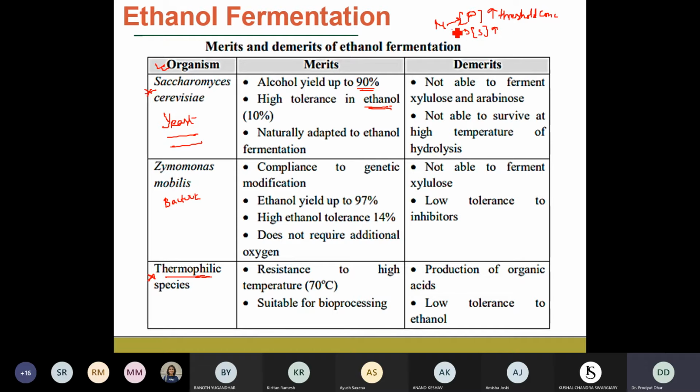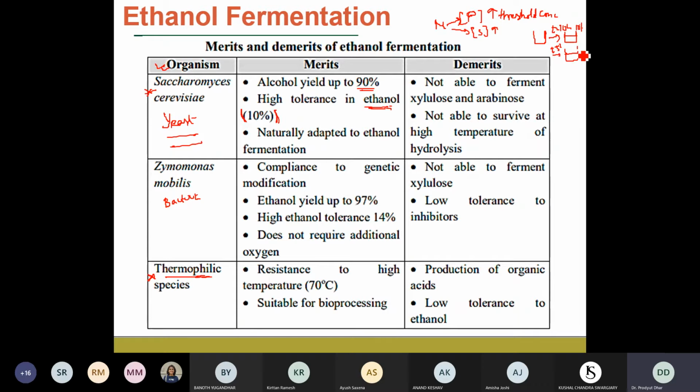In the case of ethanol, the tolerance is around 10%. Suppose you started your fermentation, and after 10 hours you have reached ethanol production of 10%, and after that it goes to 15% in the next 15 hours.